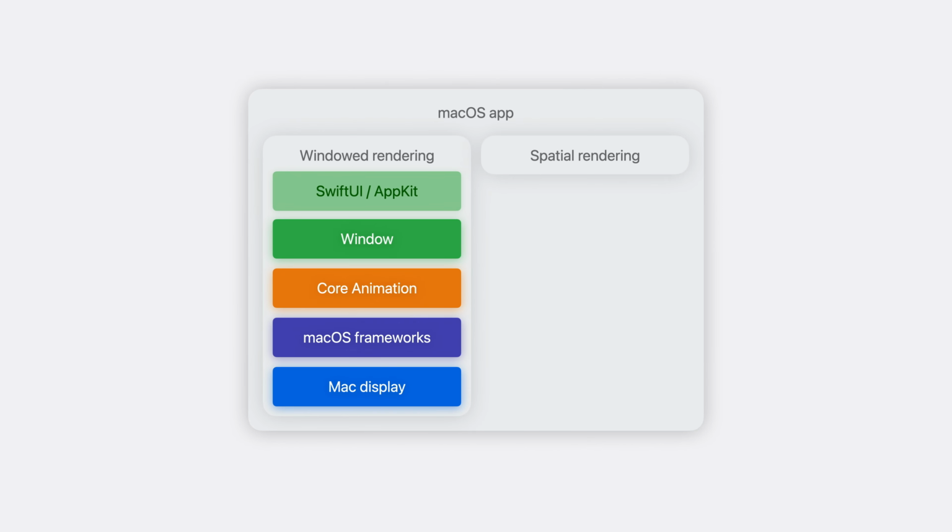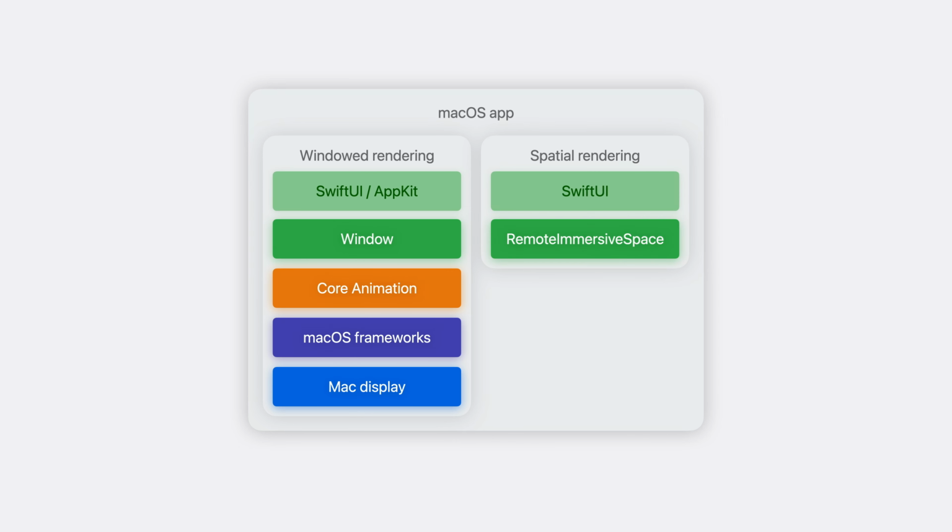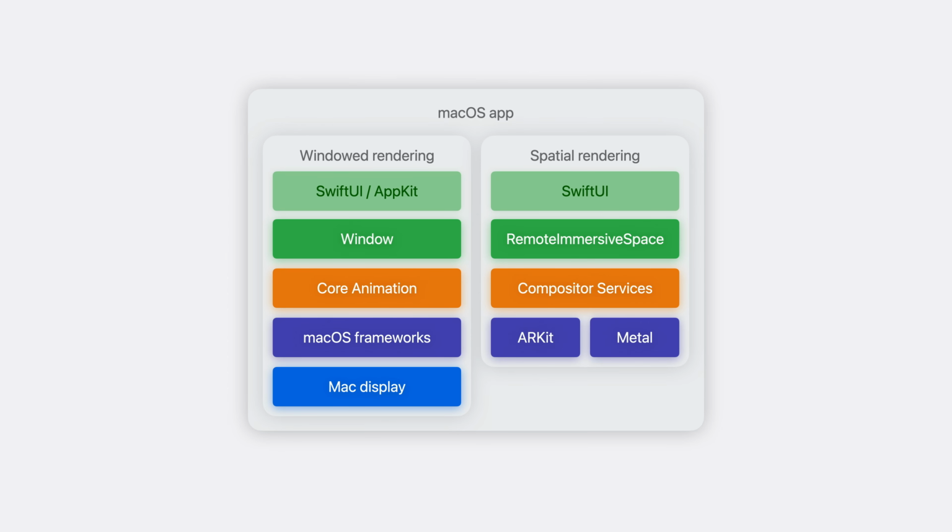To build a Mac-supported immersive experience, you'll use the same familiar frameworks that allow you to create immersive visionOS apps. First, you use SwiftUI with the new Remote Immersive Space scene type. You then adopt the Compositor Services framework. You use ARKit and Metal to place and render your content, and the system directly displays your immersive scene on Vision Pro.